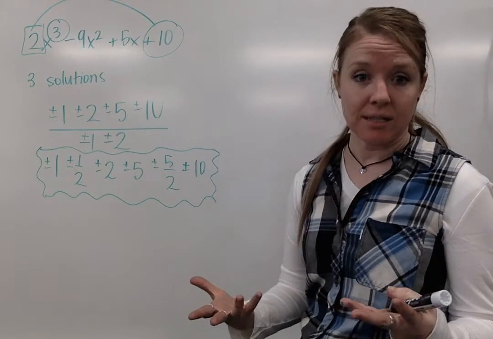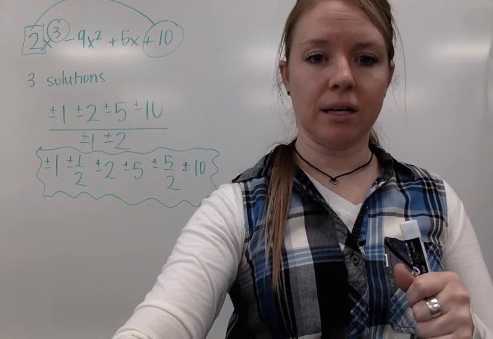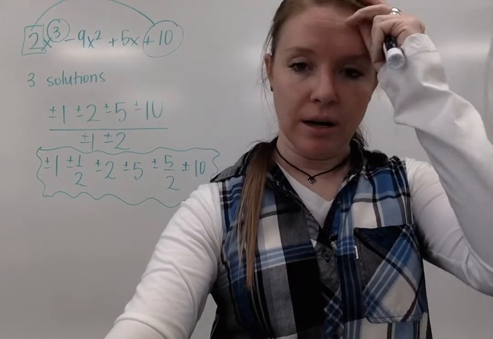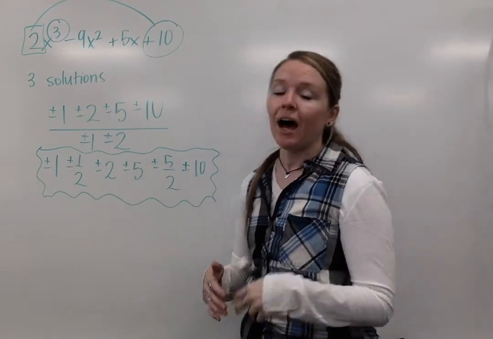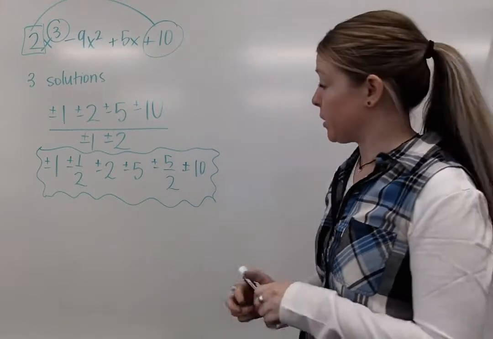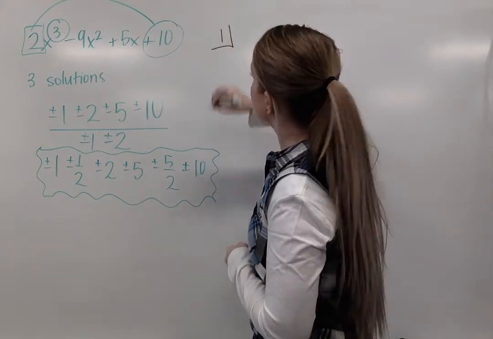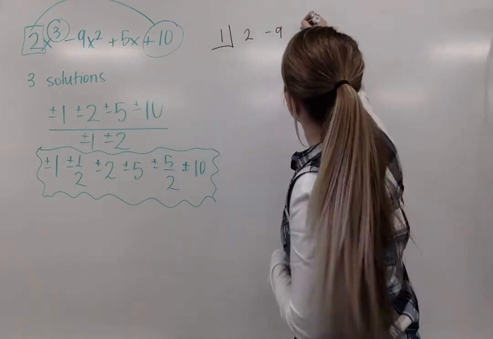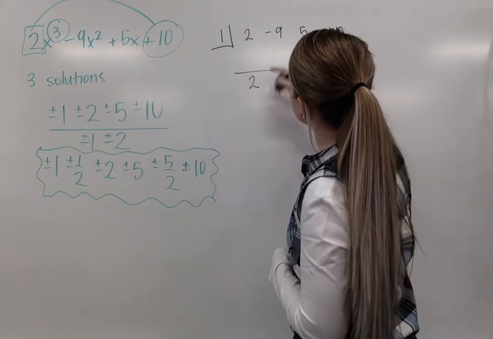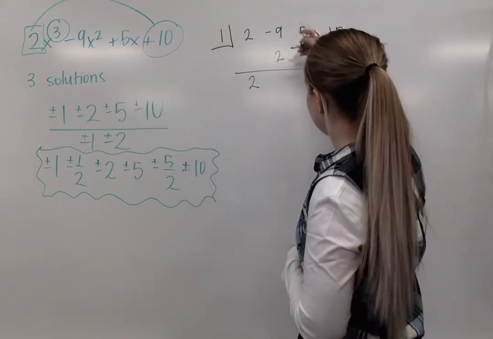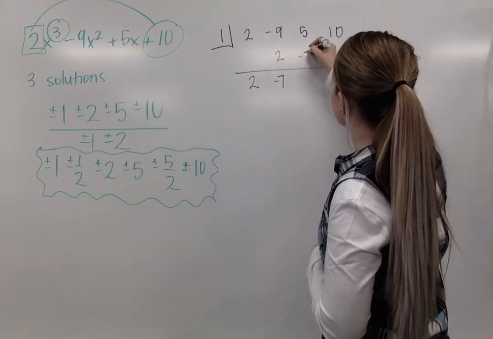So I'm going to start guessing. Since I know the answers to this one, I'm just going to show you a couple. If I were to test 1, I put 1 in the box, and I have 2, -9, 5, and 10. I drop the 2. 1 times 2 is 2. -9 plus 2 is -7. -7 times 1 is -7.